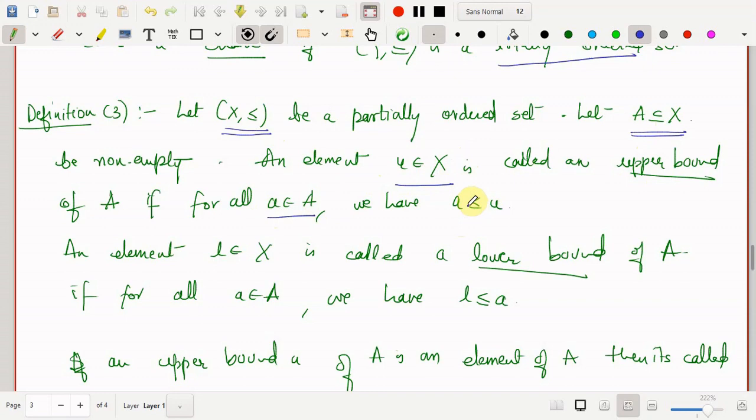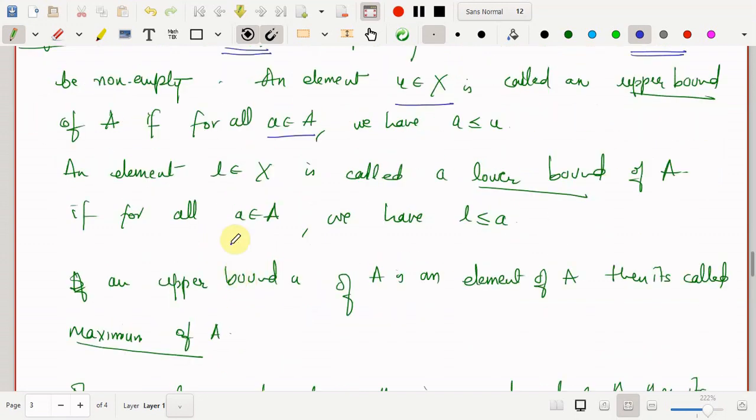It may be divisibility, or it may be the relation defined on the power set of X with the standard relation being subset. So we simply say that a is related to u through this relation, a is less than or equal to u. This is true for every a, so every element of A is related to u. In that case, we say that u is an upper bound.